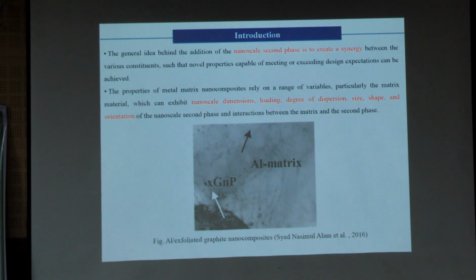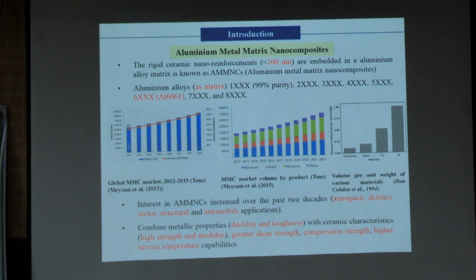Here also same: if you take aluminum, mostly we use aluminum as the metal matrix in composite materials, because aluminum has better properties like light weight and high strength, etc. But at the same time the wear resistance may be less, right?